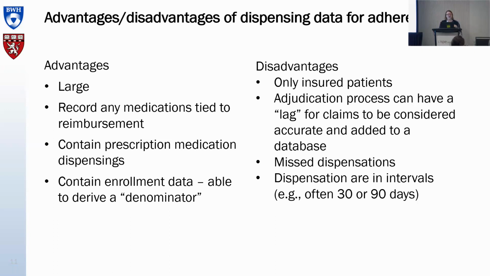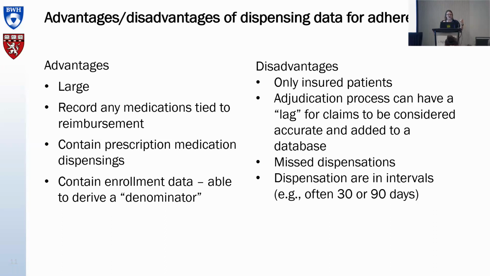Sometimes if we're working in interventions, the process for claims being considered complete, as anyone knows, you're not immediately getting claims like the day after they're dispensed. You're usually getting them a year or two later, right? Or in our case, sometimes months later. And so there's this lag that happens for claims to be considered complete and fully adjudicated by the insurer.